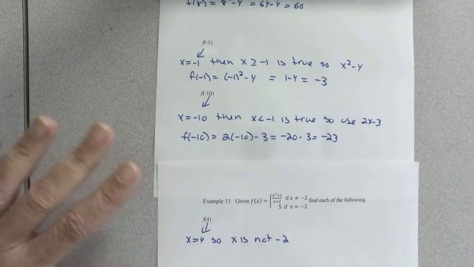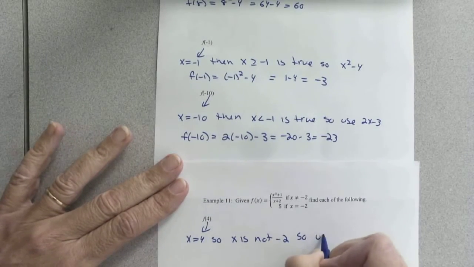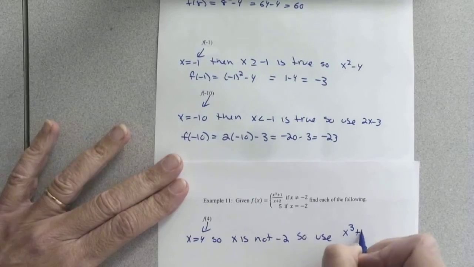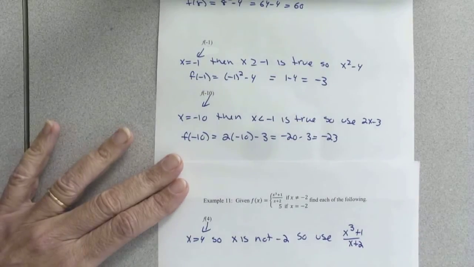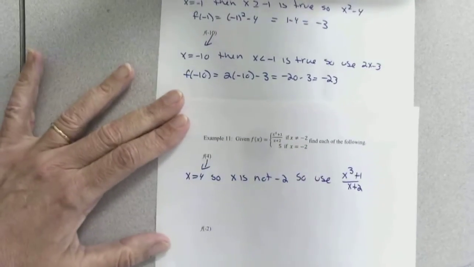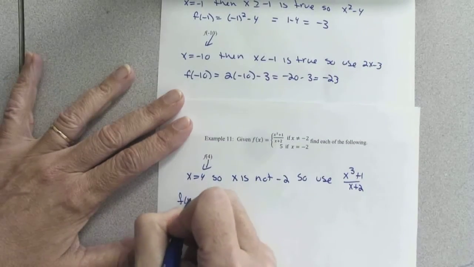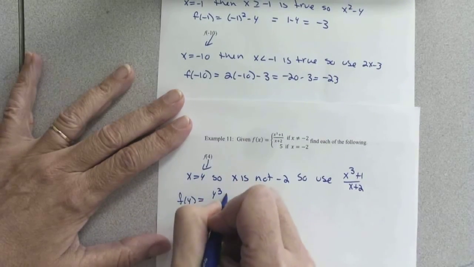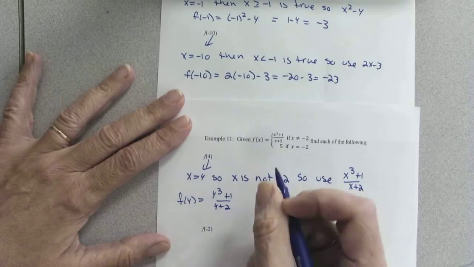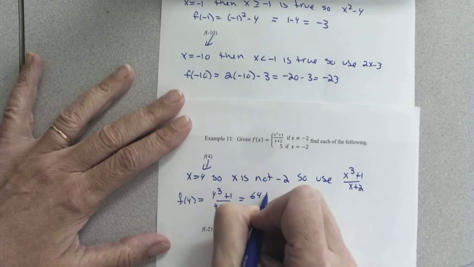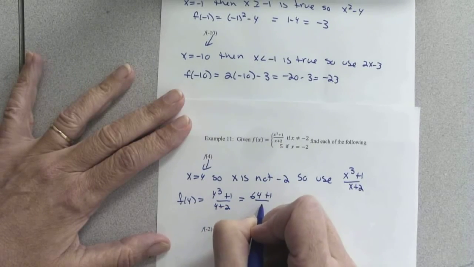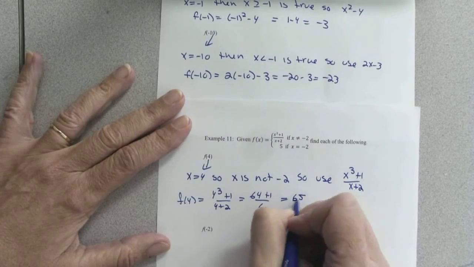It is not -2. So use x cubed plus 1 over x plus 2. And so f of 4 is 4 cubed plus 1 over 4 plus 2, or 64 plus 1 over 6, or 65 over 6.